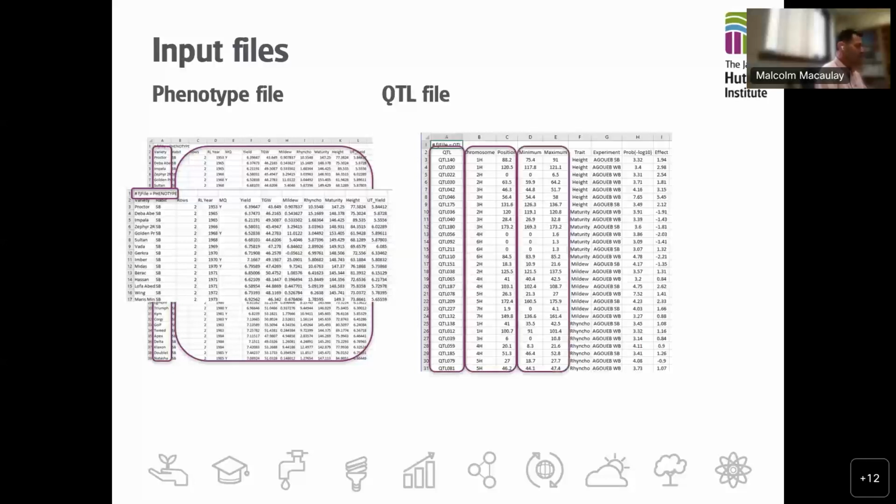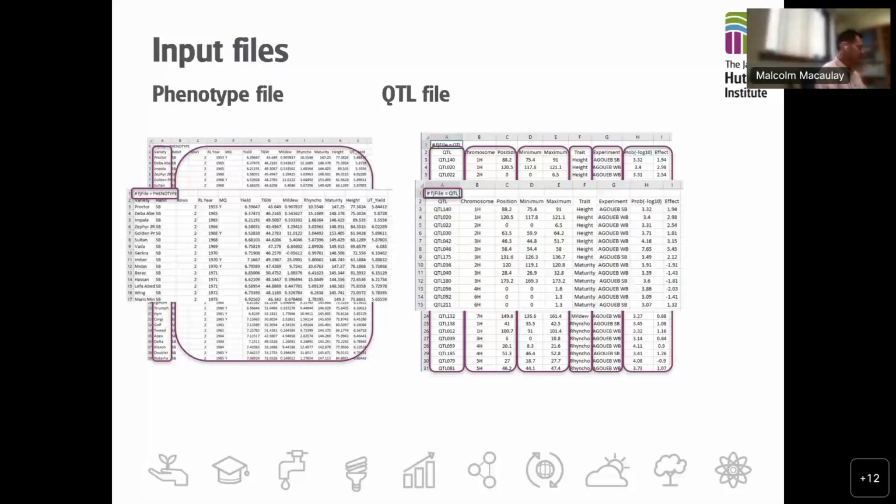Columns D and E, that's the minimum and maximum position and the range where your QTL lies in your map. Column F is the trait name. Column G refers to the experiment where the QTL came from, and additional information such as the probability effect of your QTL can also be added. And it should also contain the header line, hashtag FJ file equals QTL.